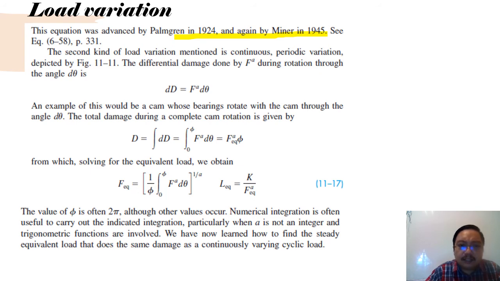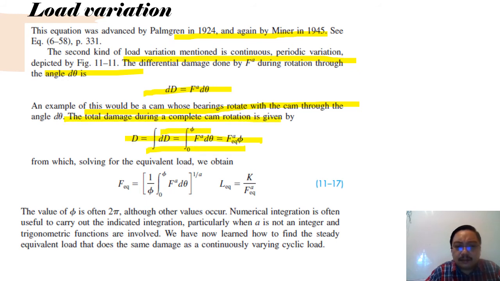This is the equation, and this is the different damage done during rotation angle. For example, a curve of bearing rotation will come through the angle, and you get this integration equation. From this equivalent load, you can obtain the life equivalent, K equals F equivalent. Remember, to get this you have to do example 11 point something that I said you have to spend 15 minutes on.